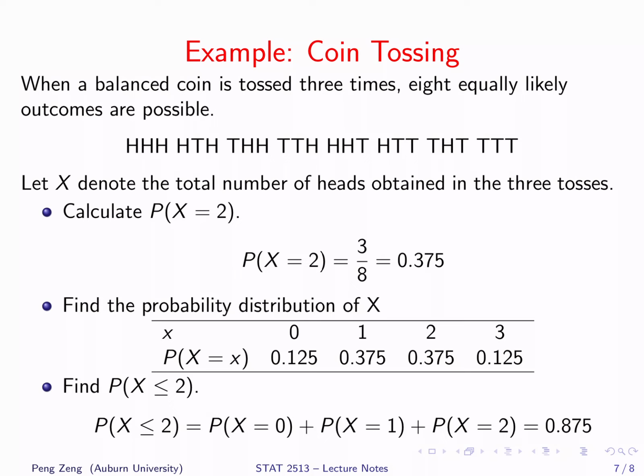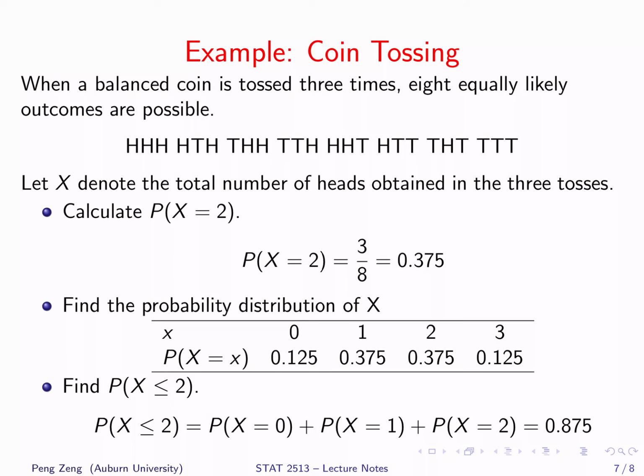We have calculated the probability of X equals 2. We can calculate the probability of other values. The probability distribution of X is given in the table. P(X = 0) is 0.125. P(X = 1) equals P(X = 2) equals 0.375. P(X = 3) is 0.125.